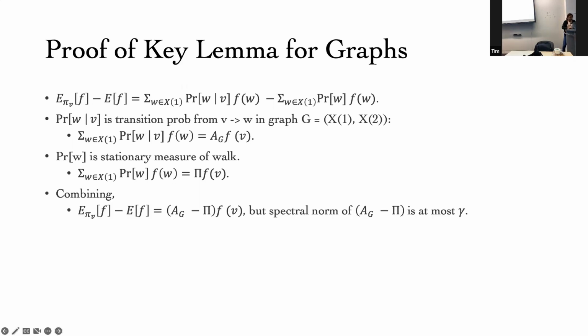Combining, we get that this is AG minus pi applied on F and then evaluated at V. But AG minus pi is at most the spectral norm, because pi is like 1 transpose. So that is at most gamma if the spectral norm of the graph is gamma. And then on average over V, we just use that the spectral norm is at most gamma to get that this quantity is at most rho of gamma.